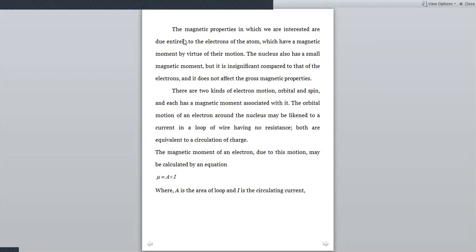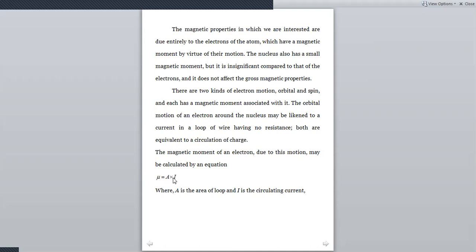The magnetic properties in which we are interested are due entirely to the electrons of the atom, which have a magnetic moment by virtue of their motion. The nucleus also has a small magnetic moment, but it is insignificant compared to that of the electron, and it does not affect the gross magnetic property. As an electron moves around the nucleus, its circulating electron produces current.